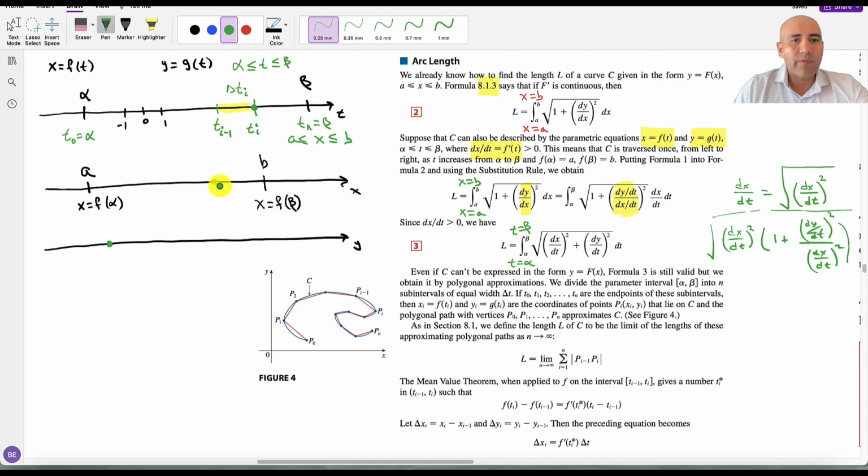And then that's going to correspond to some value along the x-axis. So maybe this point right here will correspond to f of t sub I, which is going to be the x sub ith value right in here.